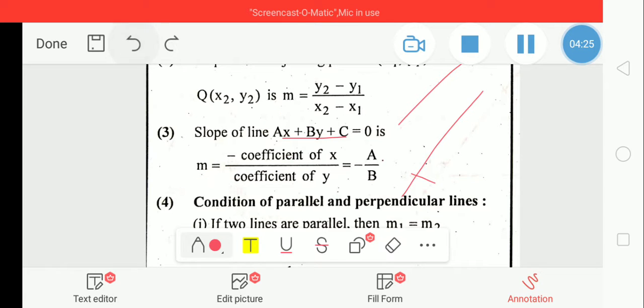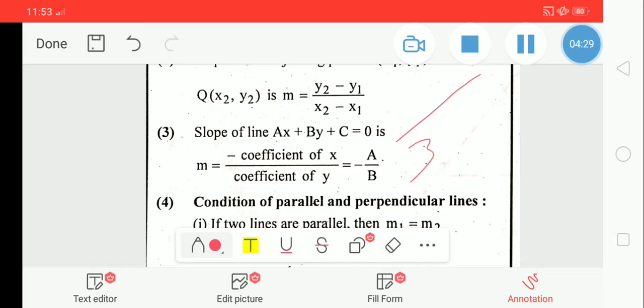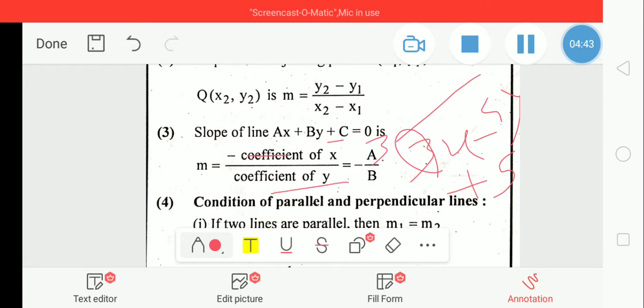For example, here this line is 3x minus 4y plus 5 is equal to 0. So here coefficient of x is 3, and coefficient of y is minus 4. Here minus gets cancelled. Here the slope is 3 by 4. So in this way we are finding the slope of that line.